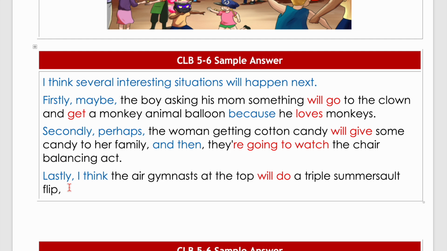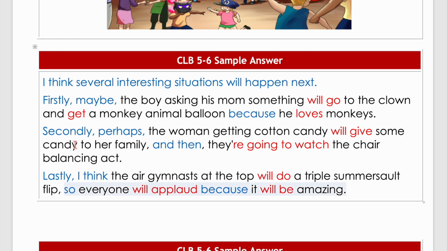So let's explain that a little more. So everyone will applaud because it will be amazing. Ooh, ah, right? So again, everyone, you see here we used will. I think over here, so everyone, it might be better if we use is going to applaud.